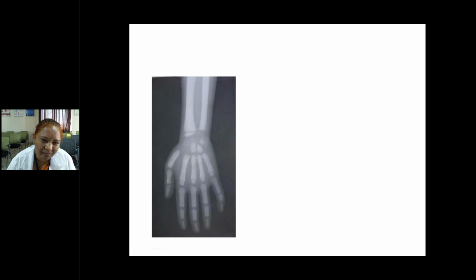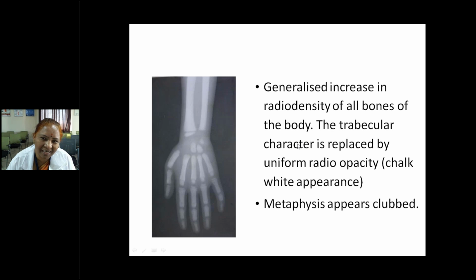Seen in case of marble bone disease, otherwise called generalized increased radio density of all bones of the body. There is replacement of trabecular pattern with uniform radio opacity, chalk white or marble appearance, and the metaphysis appears clubbed.